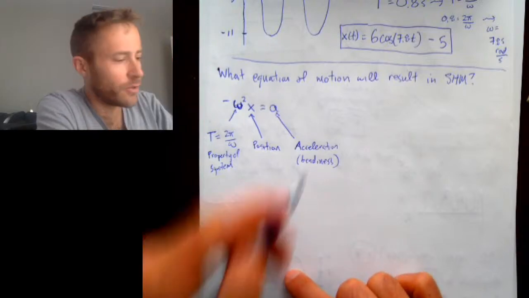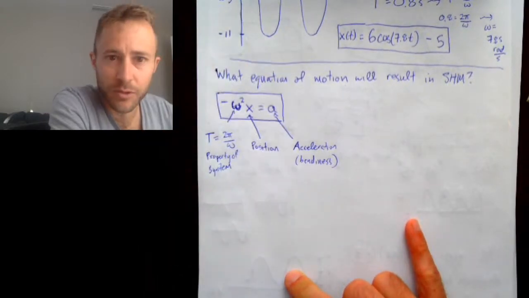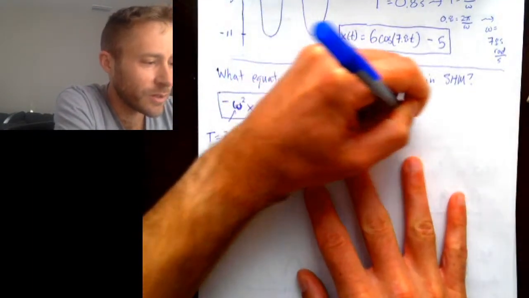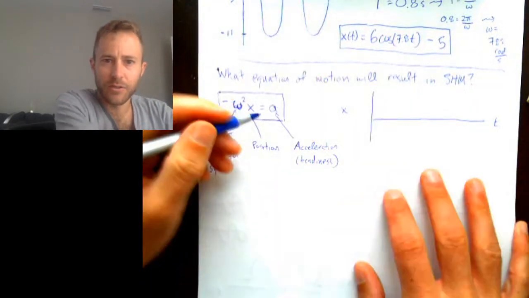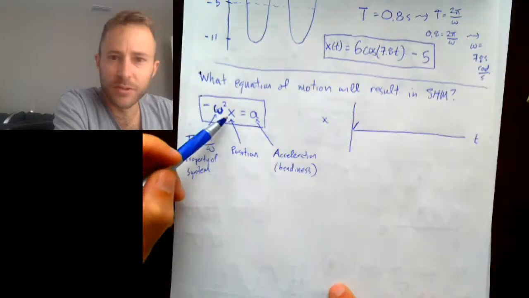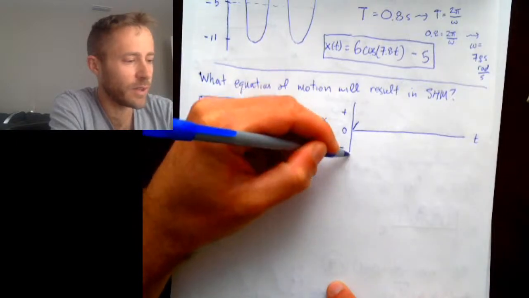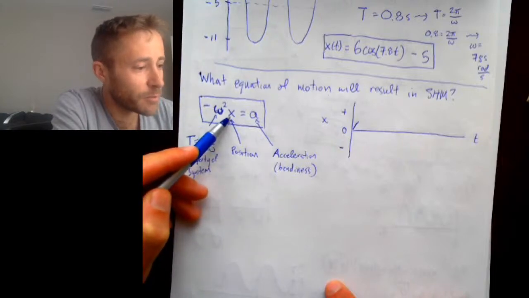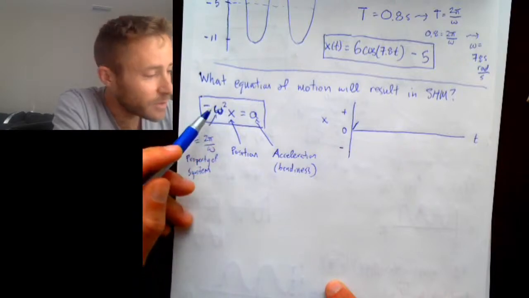So let's try to understand, why does this equation result in simple harmonic motion? Okay. So let's suppose we have a position as a function of time. And let's suppose that the position is positive. Because here's position 0, up above is positive, down below is negative positions. So if your position is positive, that means we have a positive number times omega squared.